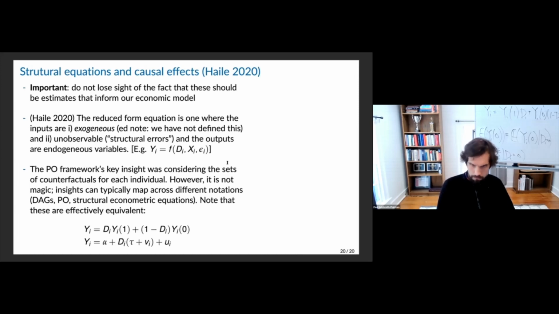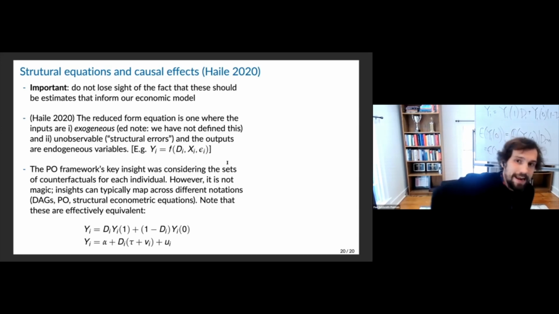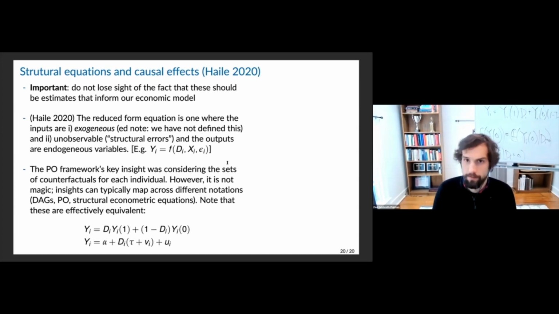But what I really think can be dangerous is that the vast majority of you in this class are economists or thinking about economic questions and have an underlying structural model of how things work.